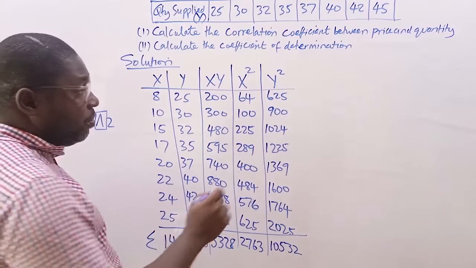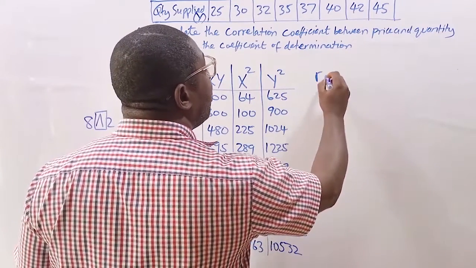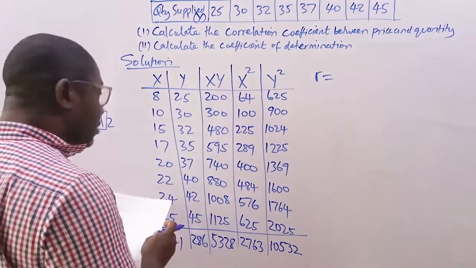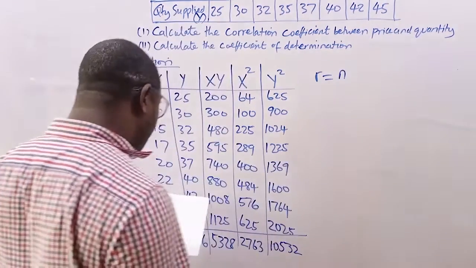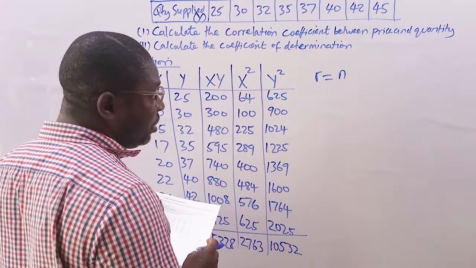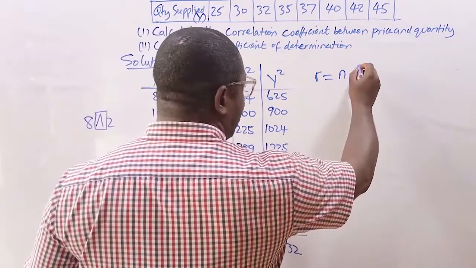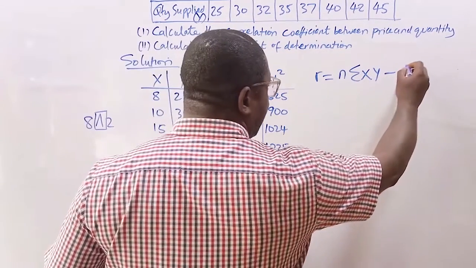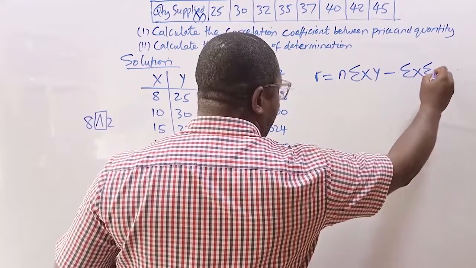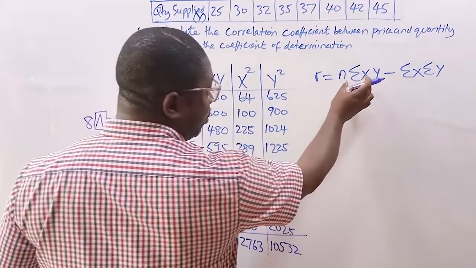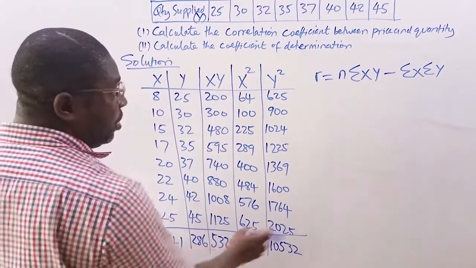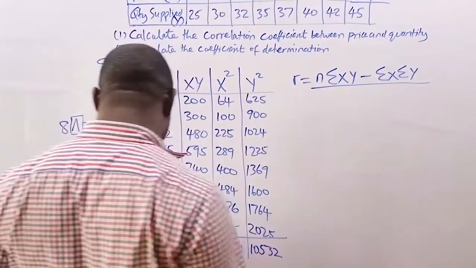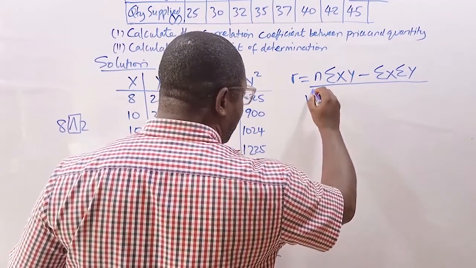And the correlation coefficient formula is given as R. Please look very closely at this. R, and then that will be N being the number of values that you have. Now the summation of the product of x and y minus the summation of x times the summation of y, divided by the square root.